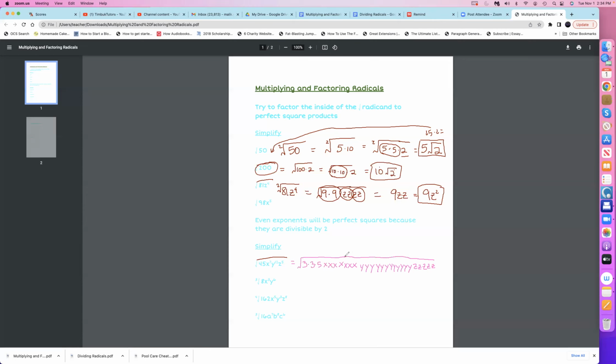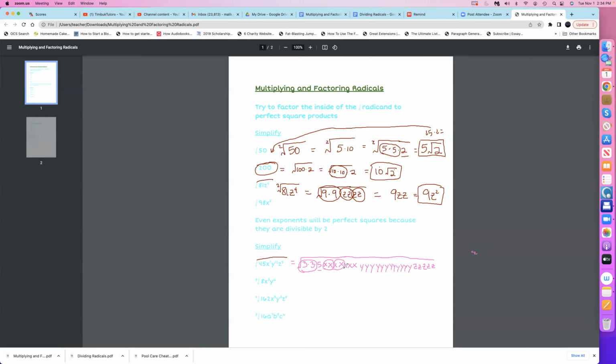I'm going to circle pairs, and I'll underline what's left over and what stays under the radical sign. Can I write that here? Yes, I can. Awesome. Okay, so 3 times 3, that's a pair. 5 left over. Pair of x's.